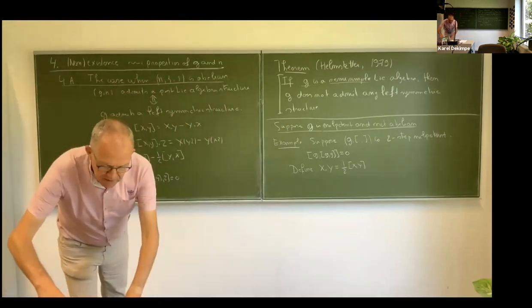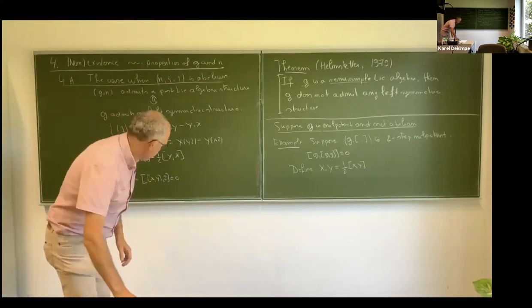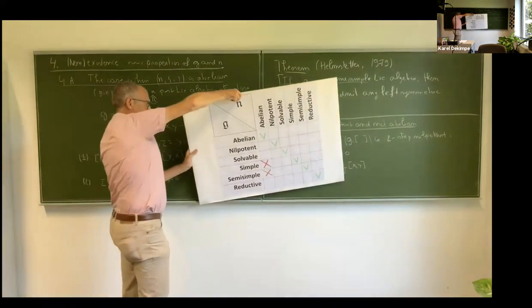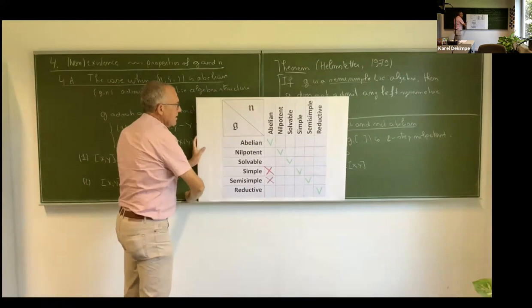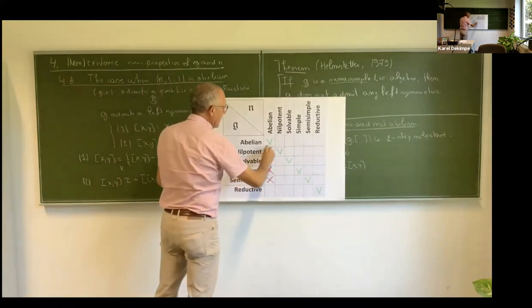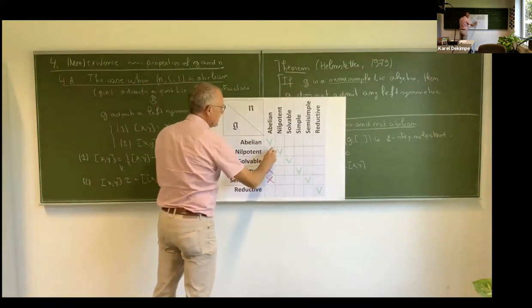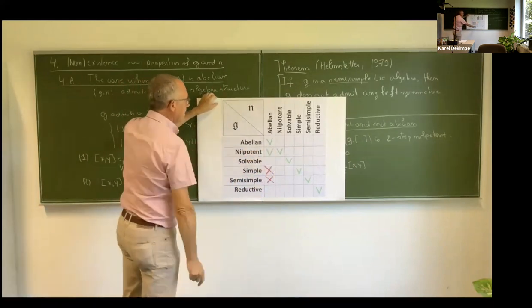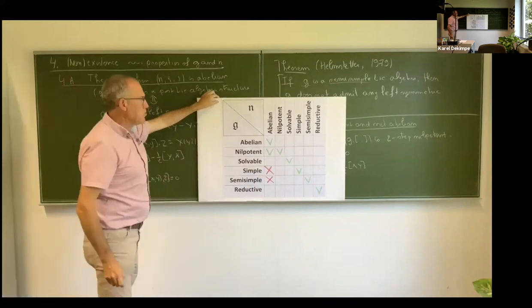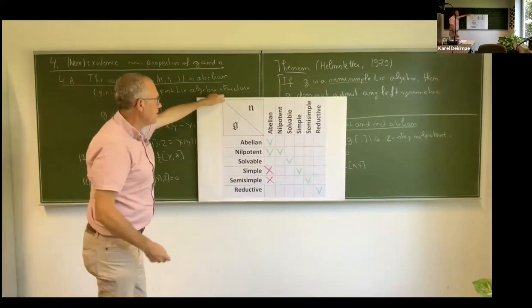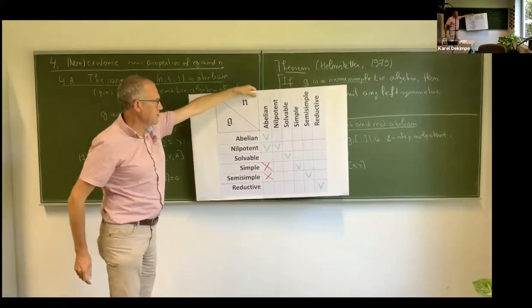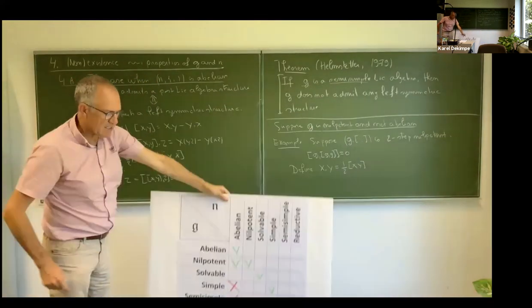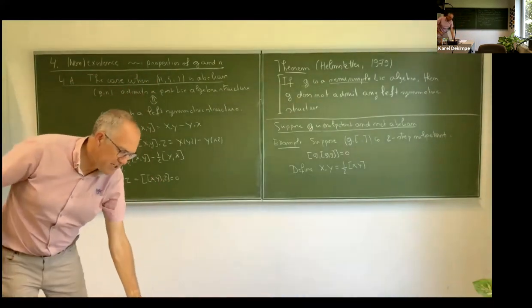And so this means that in my scheme, let me put it back. So we know that there are examples of G nilpotent and abelian, and we have a post Lie algebra structure on this pair, or a left symmetric structure on G. The next case is, what about the case that G is solvable?